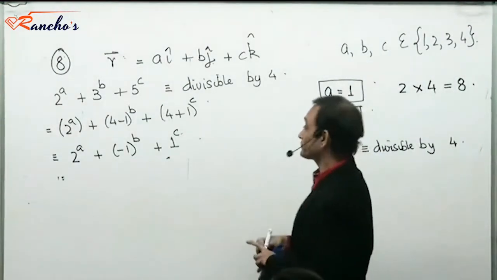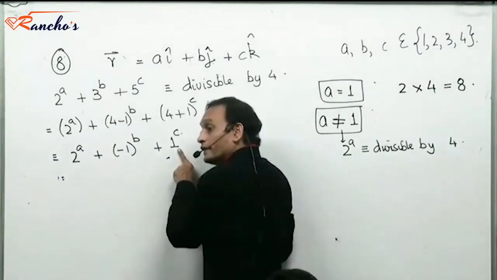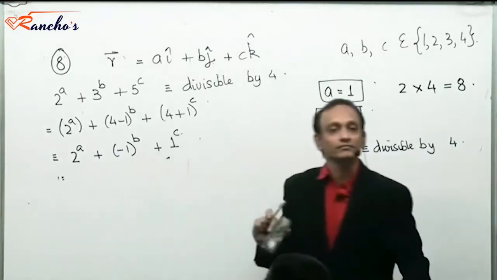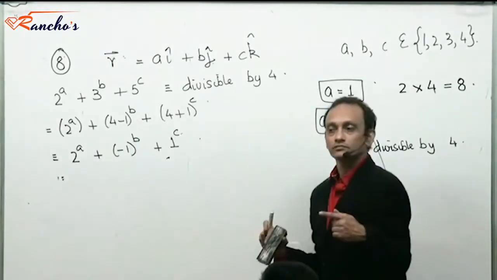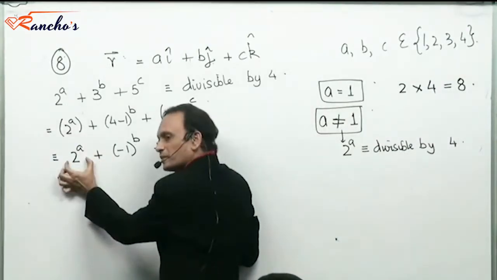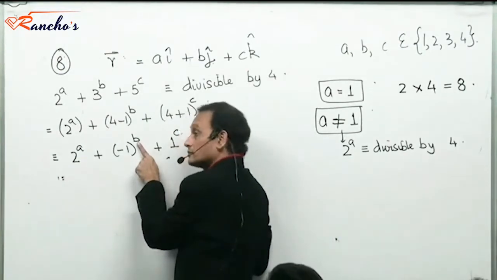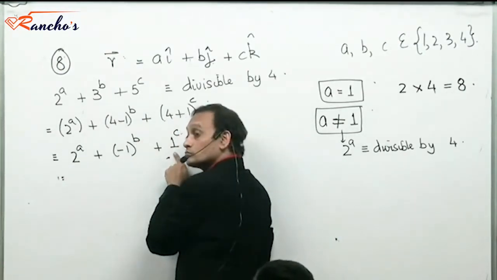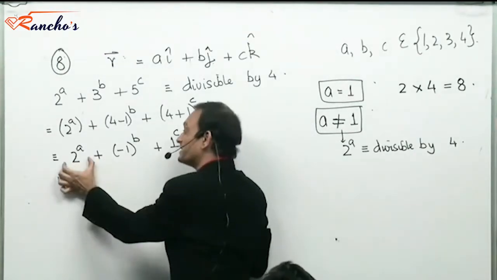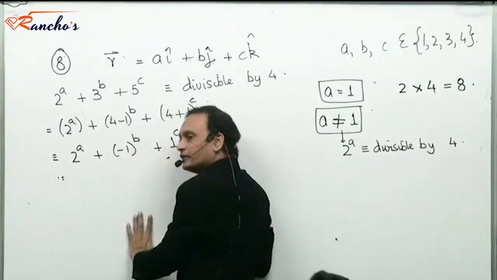And now, if b is even, this will be 2. Then on dividing by 4, the remainder would be 2. So b cannot be even. You know what I'm saying? If a is greater than 1, this is divisible by 4. And if b is even, this becomes 2, which is not good. Then this number will not be divisible by 4, because this part will be divisible by 4 and this will leave a remainder 2 on dividing by 4. So b cannot be even.